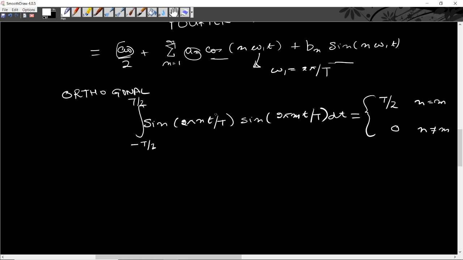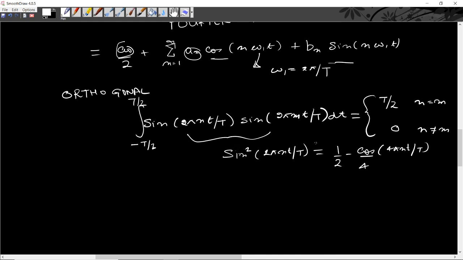Otherwise, if I multiply the same function, then if n is equal to m, this part would be sine squared 2 pi n t over T, and if I integrate this from minus T by 2 to T by 2, then I will get this value T by 2.